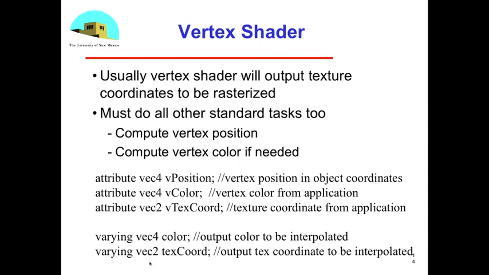The most likely case is you're going to output that to the rasterizer. And that'll come into the fragment shader as a varying variable, and this will be the texture coordinate that we're actually going to apply. So it's very similar to everything else we've done. The only complexity might be setting up how you're going to determine those texture coordinates in the first place and specifying all the parameters that you need to specify.